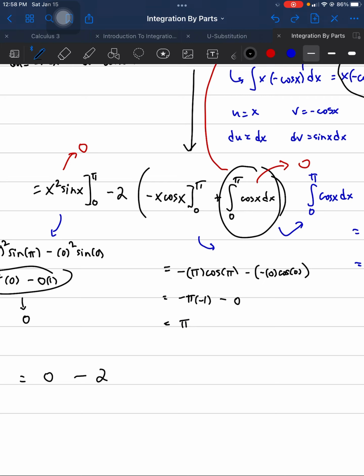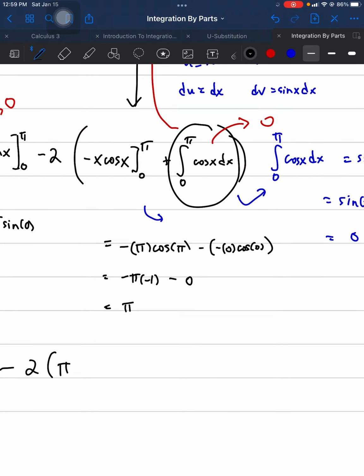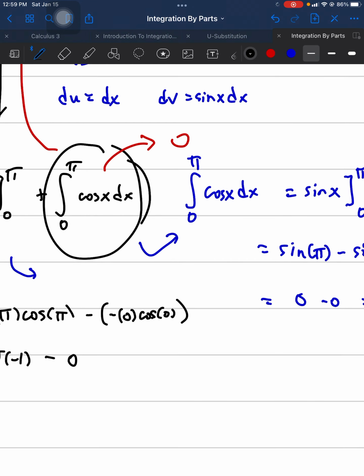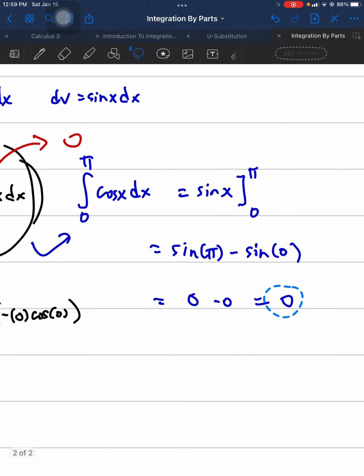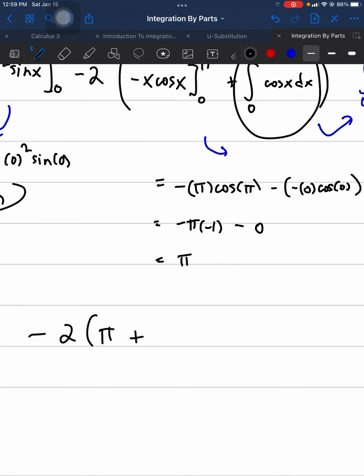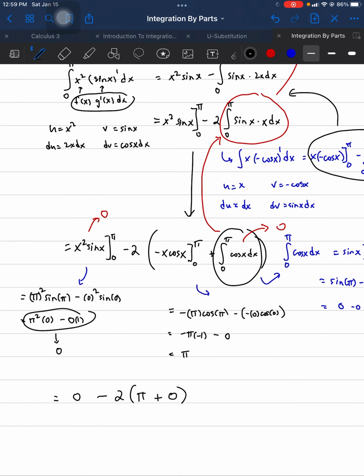So let's keep the parentheses, pi right here. And plus this integral evaluated, which we said is basically 0, because sine pi minus sine 0 is just 0, plus 0, like that. So this is what we end up with.